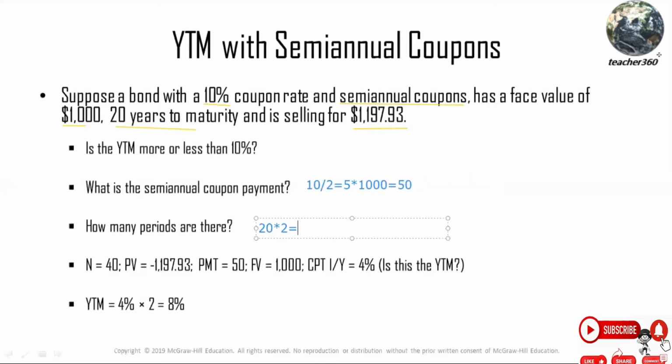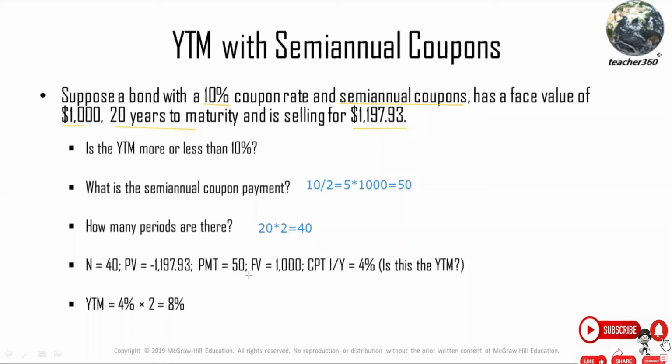We can do this using the financial calculator. Our total period is 40, so press 40 for n. Our bond price is 1197.93, which is for present value. Our semi-annual coupon payment is 50, so press 50 for PMT.